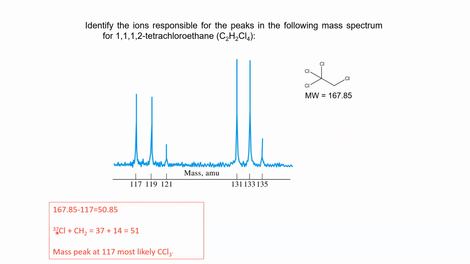So it would be typically 37 chlorine plus CH2, which would be 37 plus 14 would give us 51, remarkably close. So the peak at 117 would correspond to this half of the molecule. So that would mean what we are left with is this part. And so that means the mass peak at 117 is most likely CCl3 plus, which is that part there.